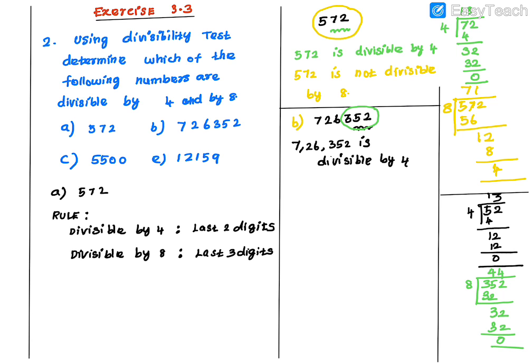This means the given number is divisible by 8. So I will write here, 7,26,352 is divisible by 8. Students, this kind of thing is all you have to solve.